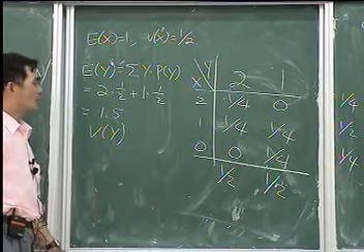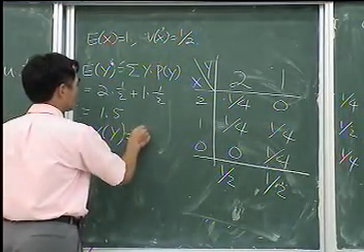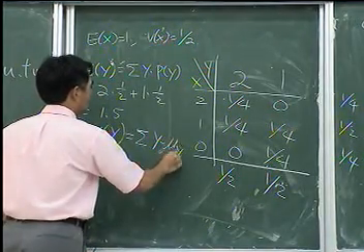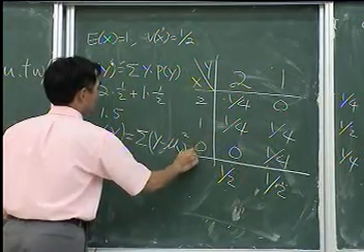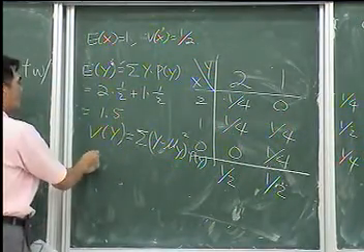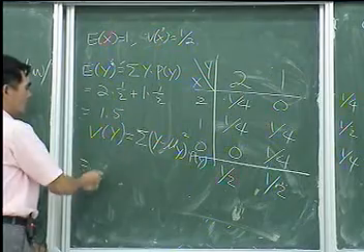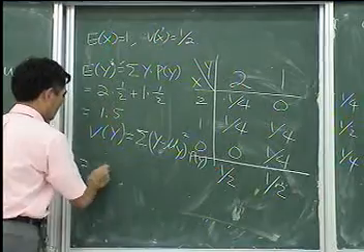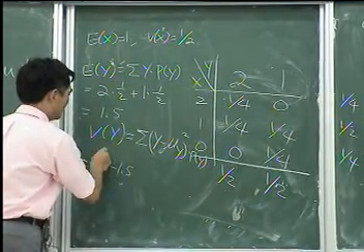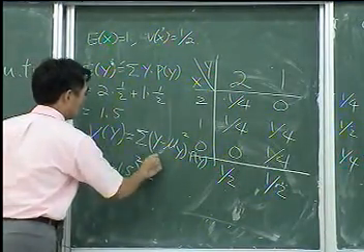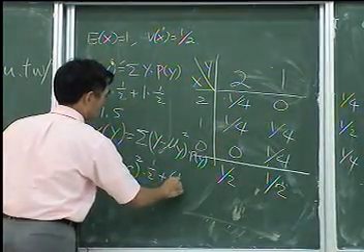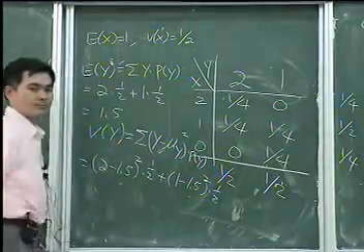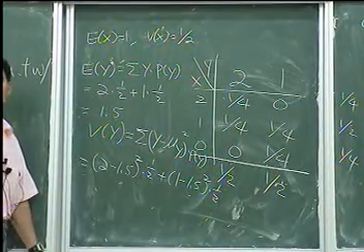Now let us get to variance of Y. Variance of Y is equal to summation (y minus mu y) squared times P(y), right? So mu y is 1.5. The first one is 2: 2 minus 1.5 squared times 1/2, plus the second one is 1 minus 1.5 squared times 1/2. Any questions?